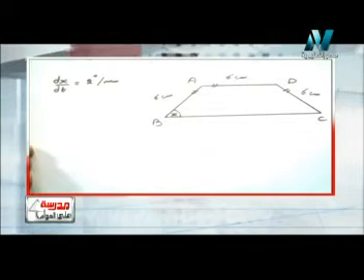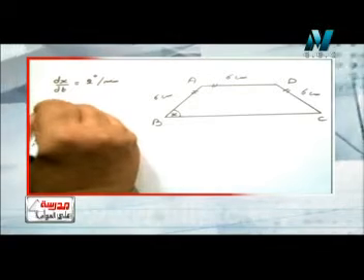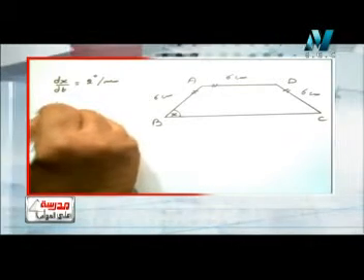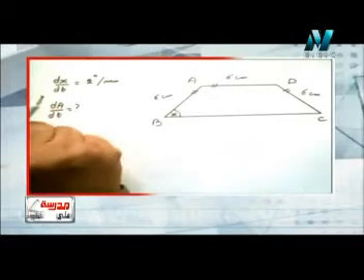Find the rate of change of the area; if the area is A, the requirement is to find dA by dt.